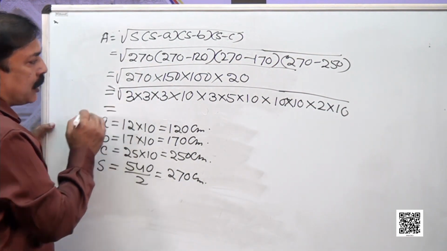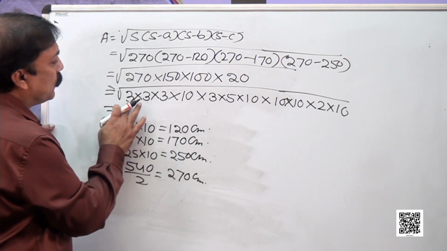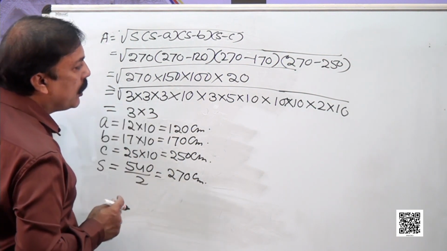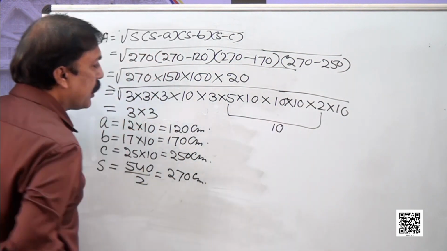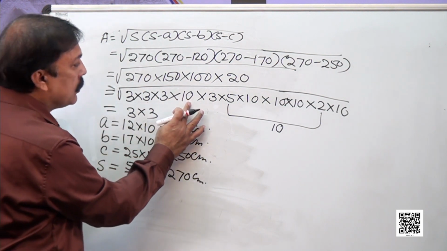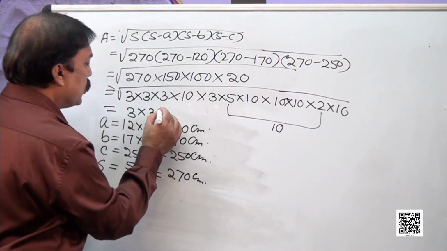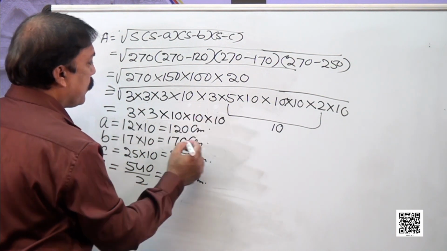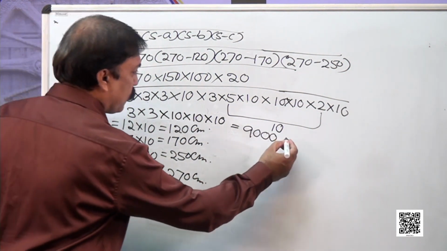Now from this, what did we get? We have 3 into 3, and 5 into 2 again gives 10. So how many 10s are here? You see 1, 2, 3, 4, 5 and 6. So we can take 3 into 10 cubed. That gives 9,000 square centimeter.